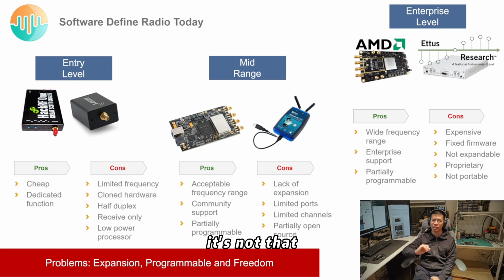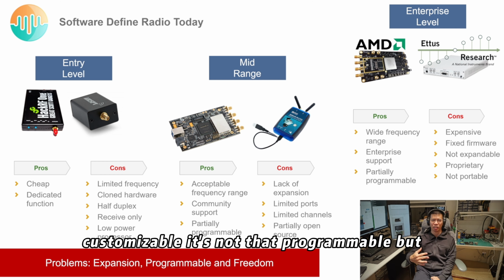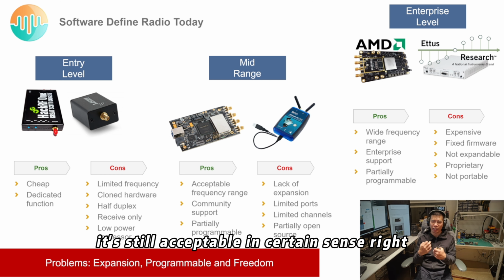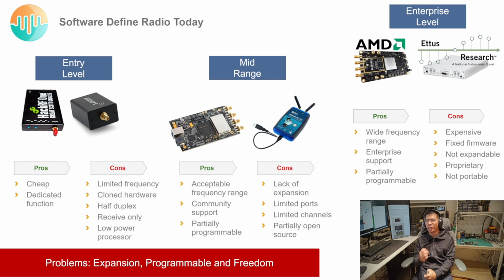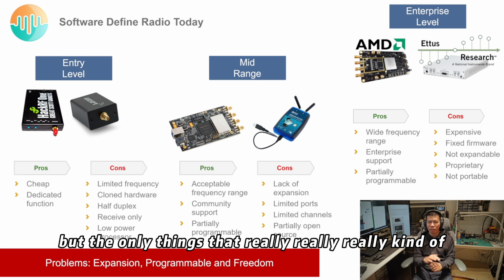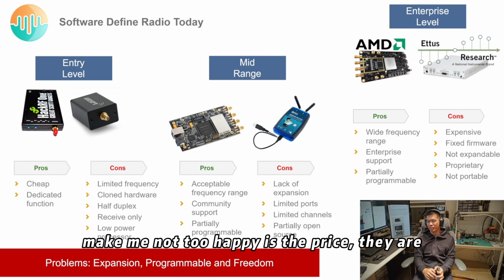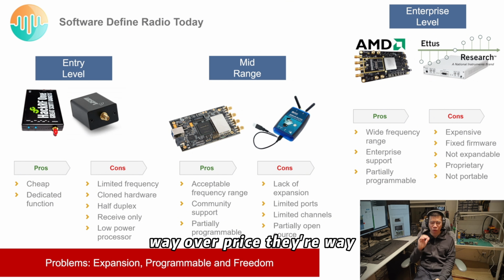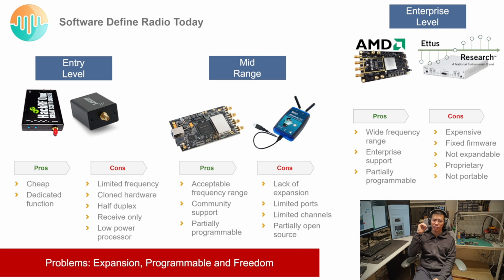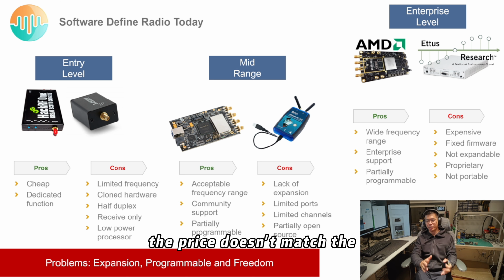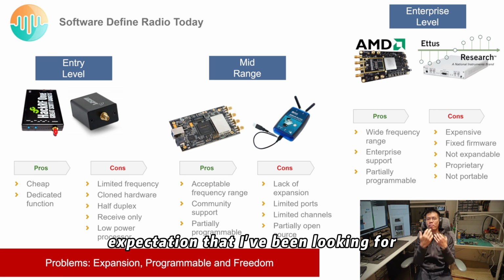They're not that customizable, not that programmable, but it's still acceptable in a certain sense. But the thing that really makes me not too happy is the price. They are way overpriced. The price doesn't match the expectation that I've been looking for.